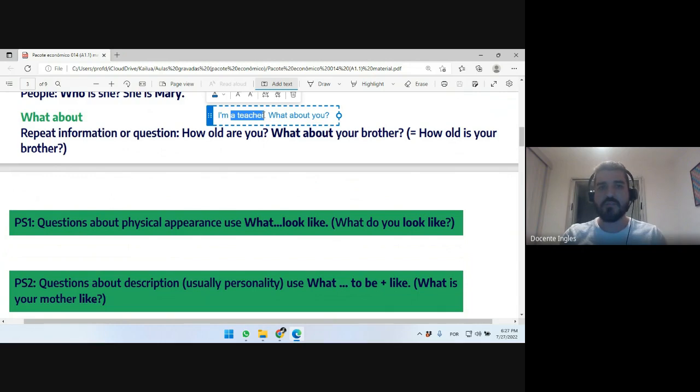So teacher is an occupation. What about you? What's your occupation? Okay, so what about can be used to repeat the type of information of affirmative, negative, or interrogative. Here, it's affirmative. Here, we have an example of interrogative.